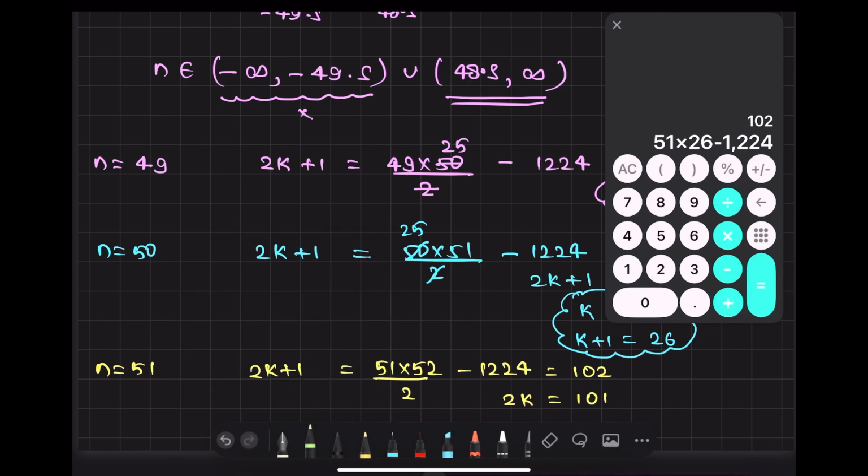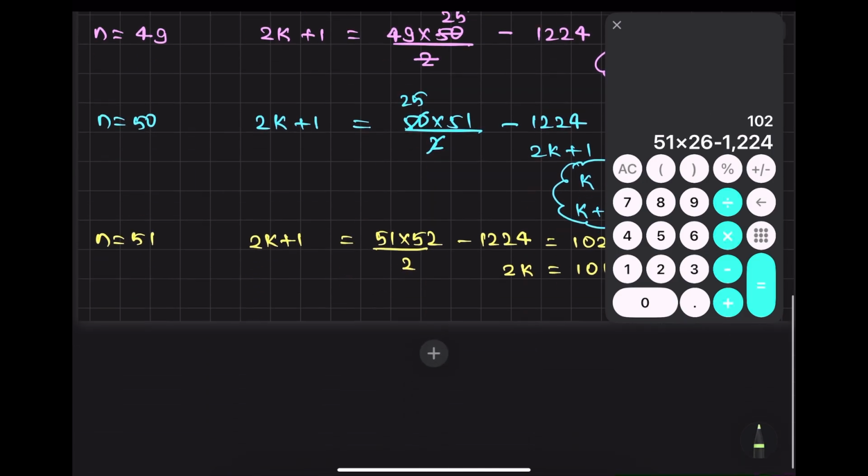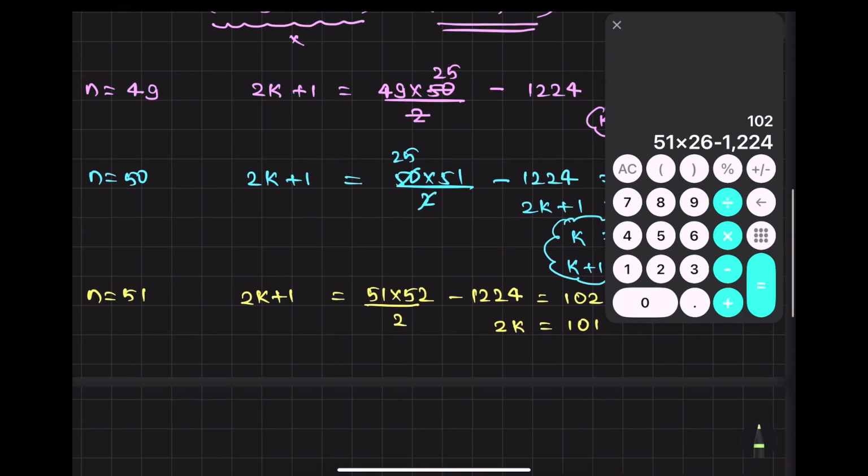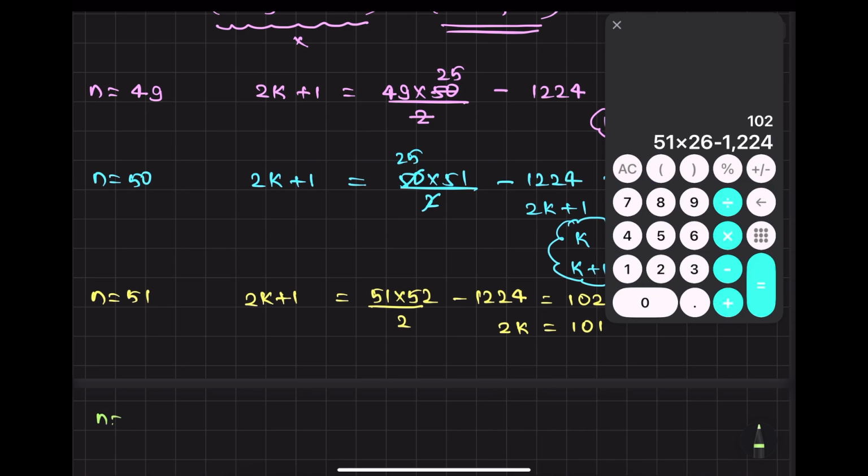Now again you have to proceed with n as 52. So suppose n is equal to 52. So 2k plus 1 equals 52 into 53 by 2 minus 1224. Okay, so we are left with 26 into 53 minus 1224.